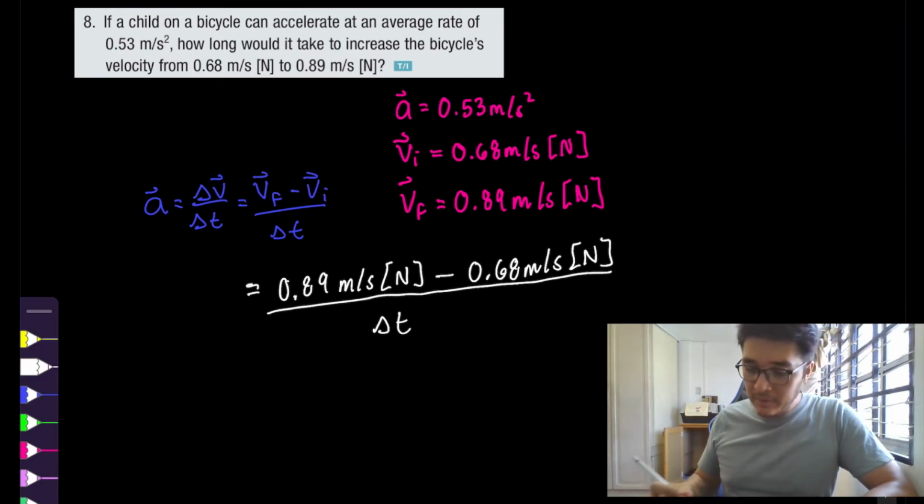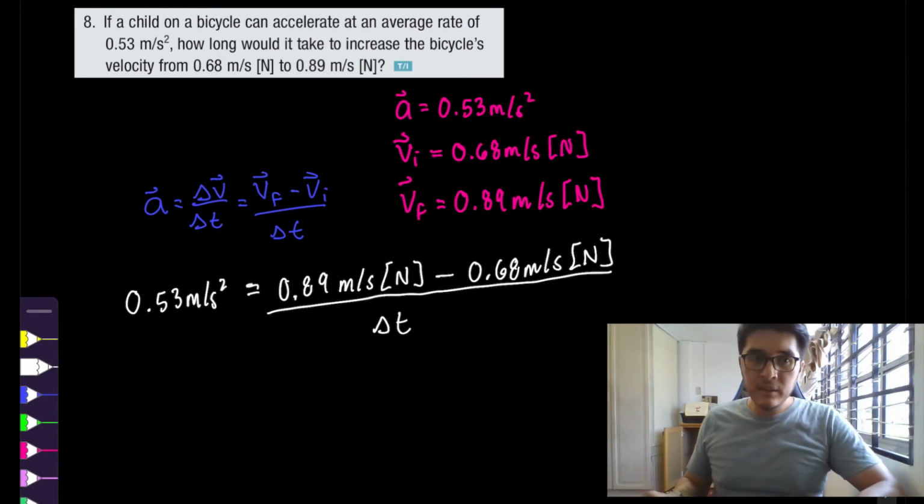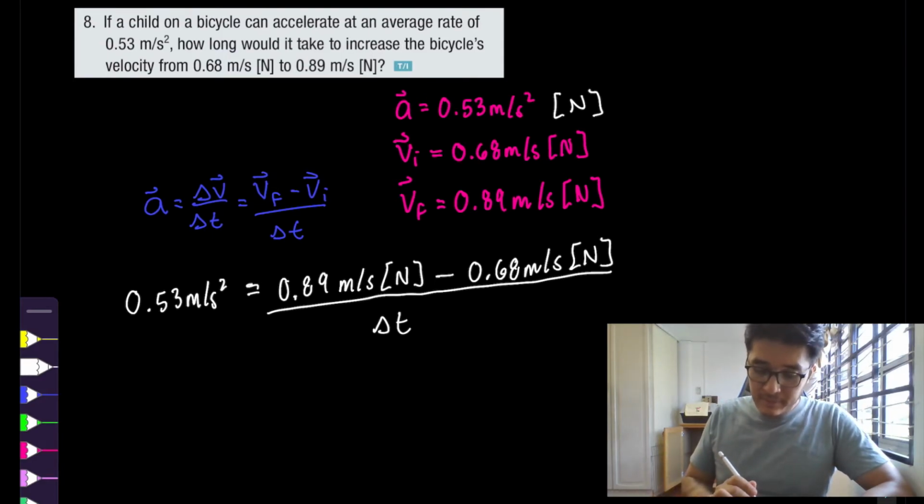But the acceleration is 0.53 meters per second square. Now notice that they didn't give us a direction with it, but because it's positive, we can associate the positive direction to be north. So this is north. So this makes our life easier because we could just simplify the top.